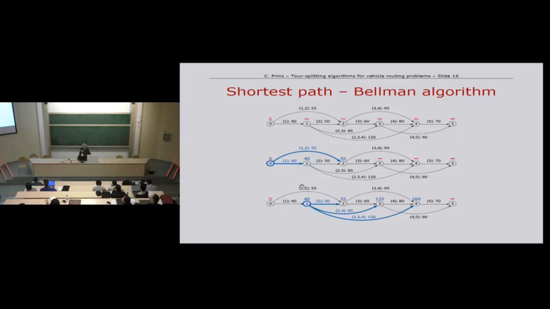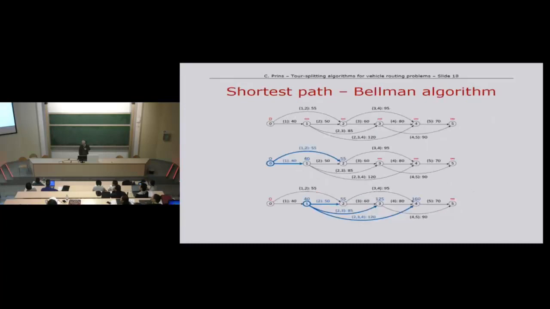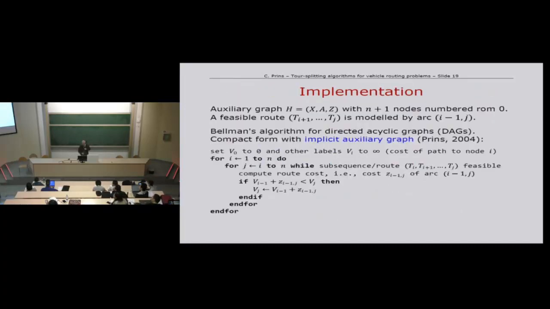Then we inspect the second node. We look at its successors, and each time we can decrease the label of the destination node, we do it. So of course it's incomplete. You have to finish the algorithm, but if you do that, you will find the 205. So you see, it's very easy.